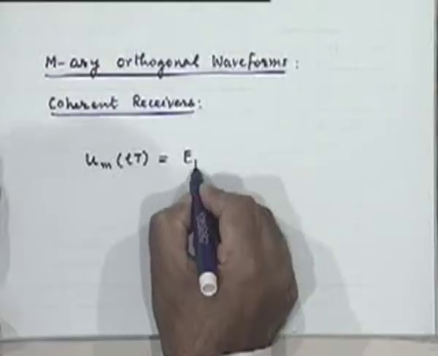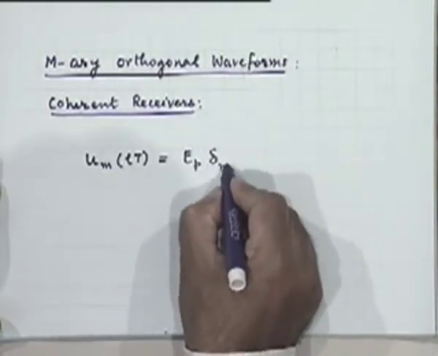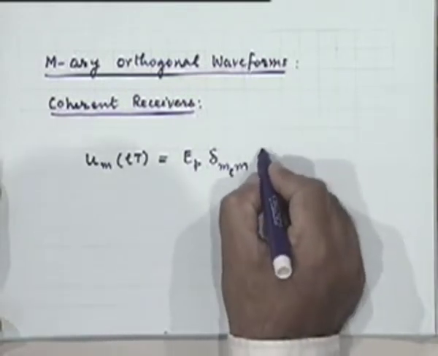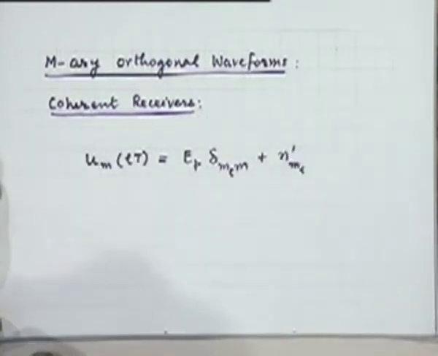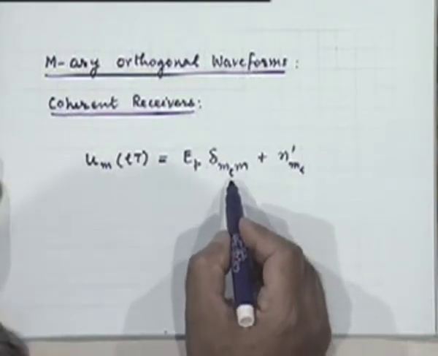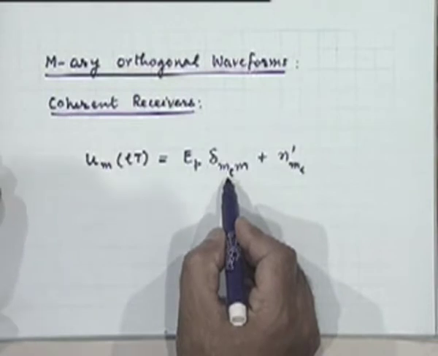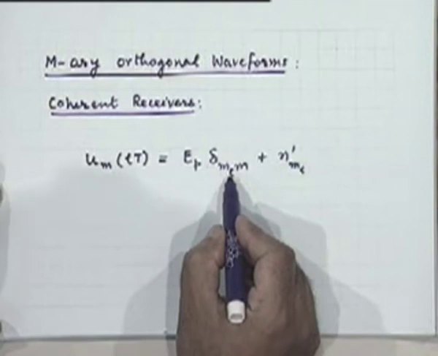This will be equal to E sub p into delta m, m sub l plus n m sub l, right, where m sub l indicates the symbol actually transmitted in the lth bit interval, right?